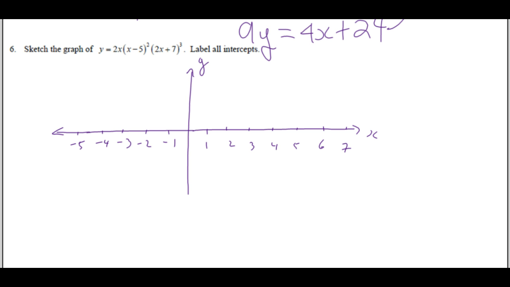Okay, so x-intercept at 5. Where else? Negative 7 over 2, so let's call that negative 3.5. And 0, right, because of that x there, right?